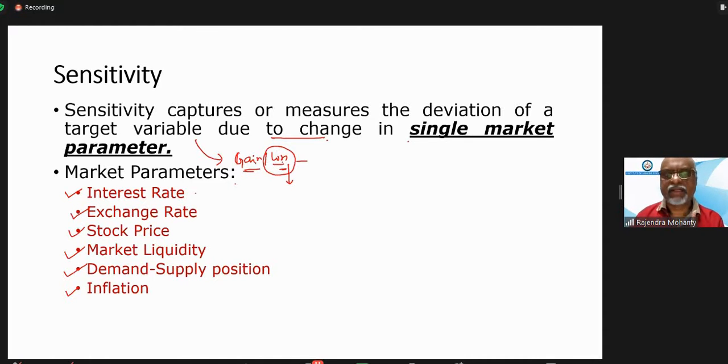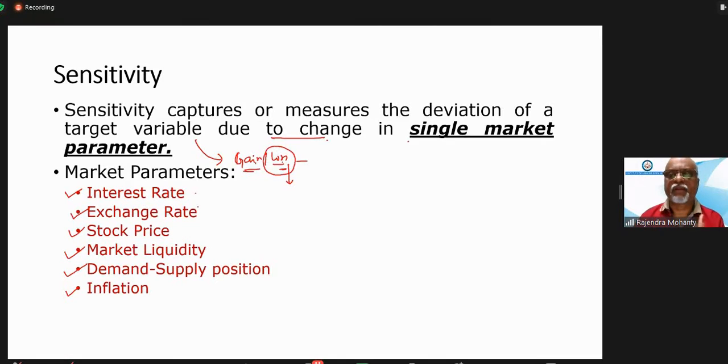So sensitivity measures only the loss or gain due to change in one of these parameters, not all the parameters. If there is a change in multiple parameters, then you have to calculate the change as per interest rate separately, exchange rate separately. So altogether in a composite way, this cannot be measured. That is one of the drawbacks of the sensitivity method.